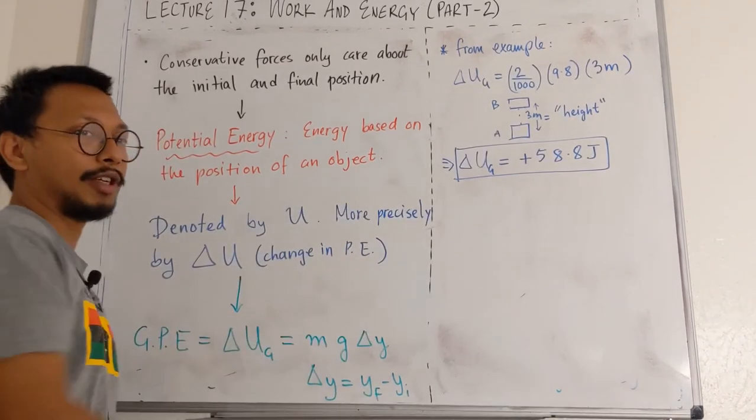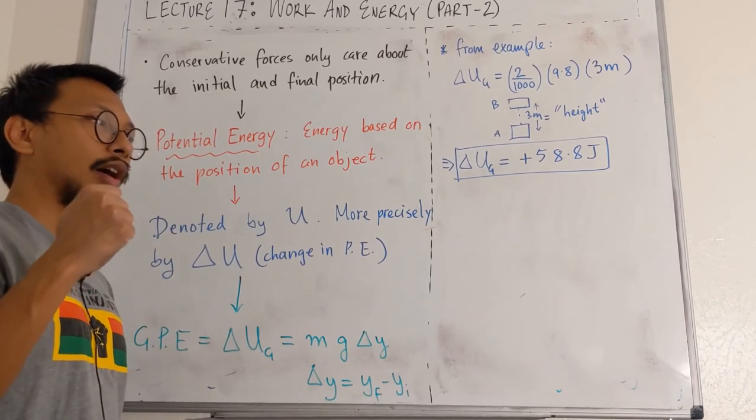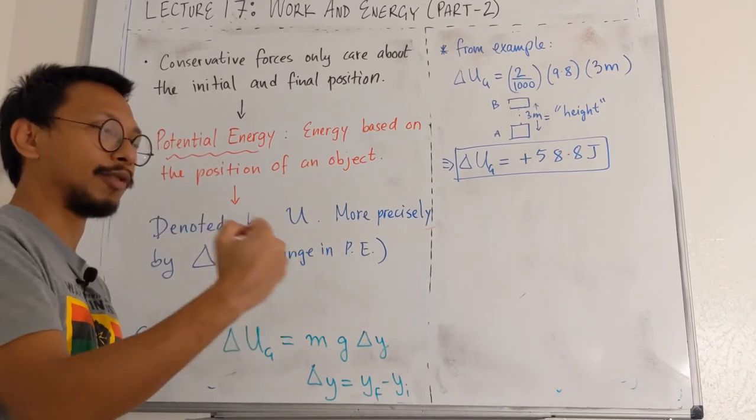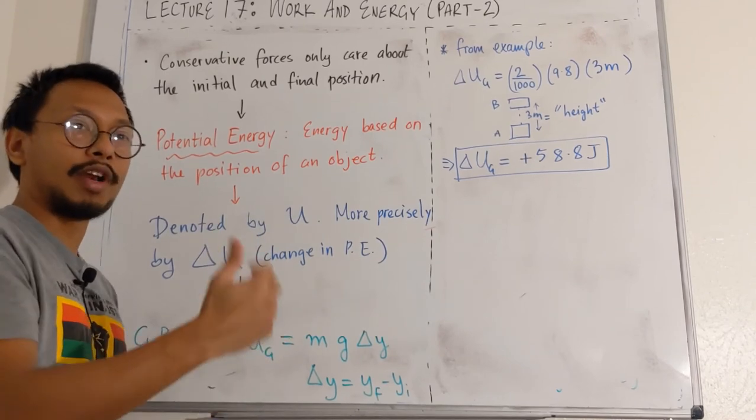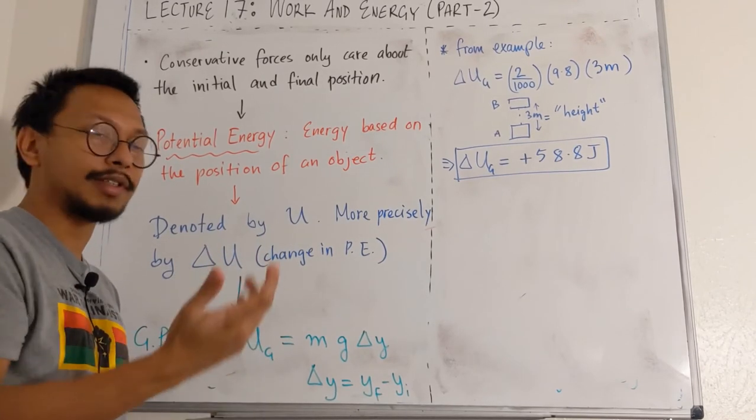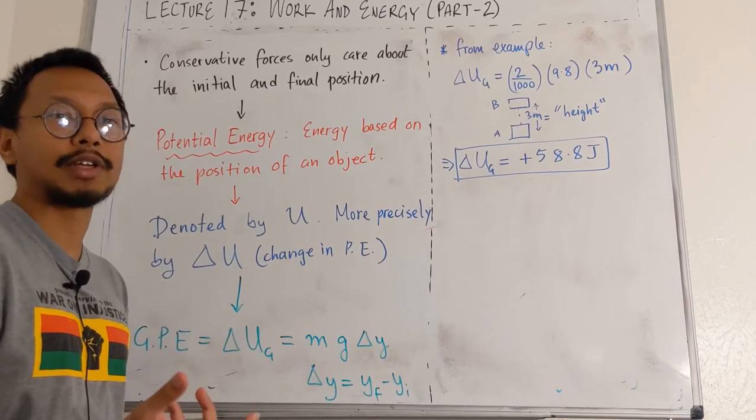Potential energy does not depend on an absolute position of an object. The position is always relative between an initial point and a final point. So whenever you compare initial and final points in any situation, you are actually measuring changes in potential energy.